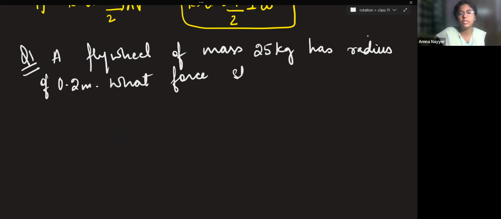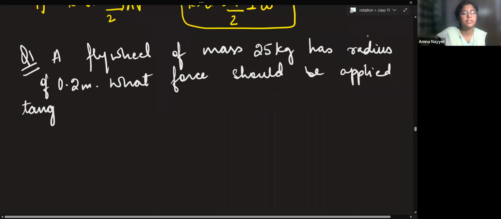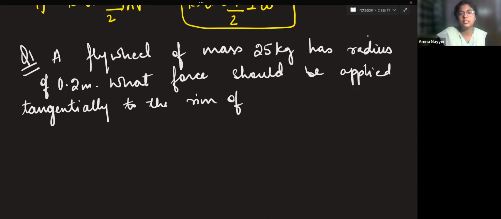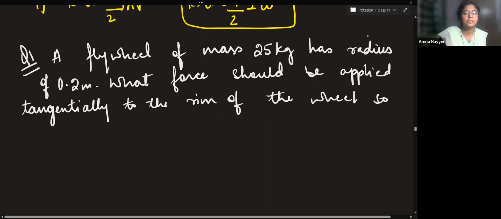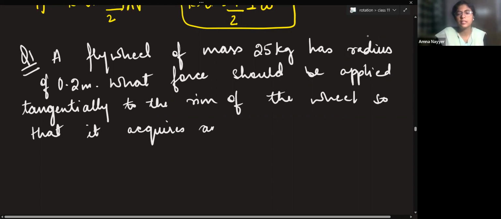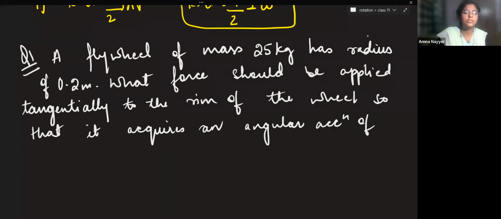What force should be applied tangentially to the rim of the wheel so that it acquires an angular acceleration of 2 radian per second square?